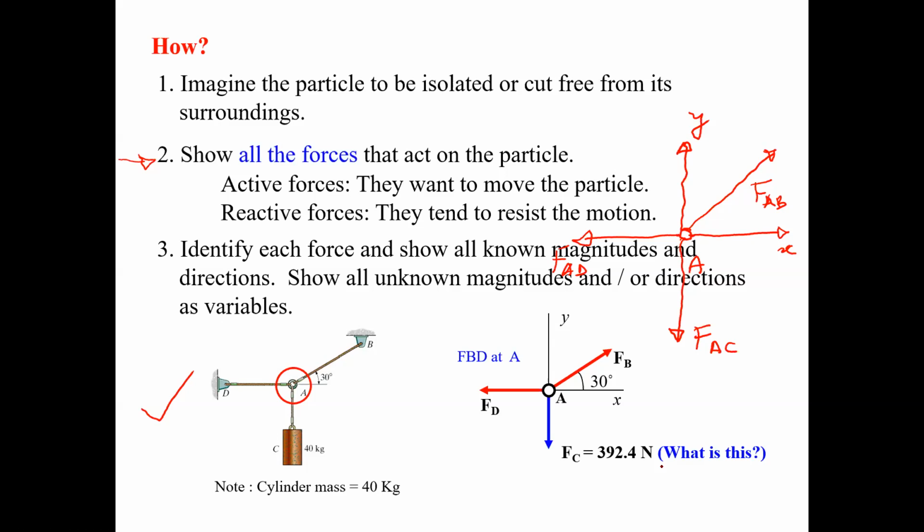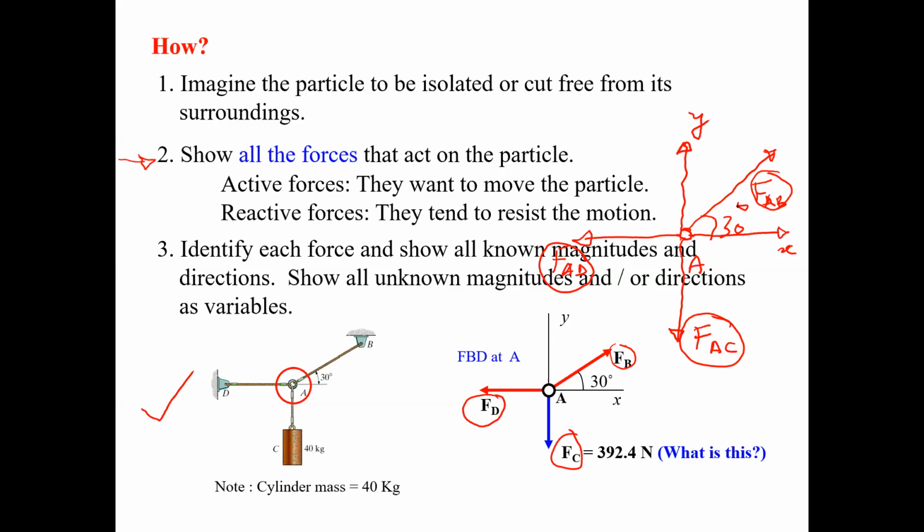It's just a matter of understanding, right? So you can say FB or FAB, one and the same thing. FAC or FC, again one and the same thing. FD or FAD, again is the same, right? Now there's an angle given, so mark that angle 30 degrees. Okay, so now our free body diagram is complete.